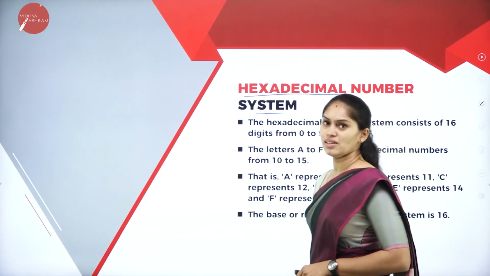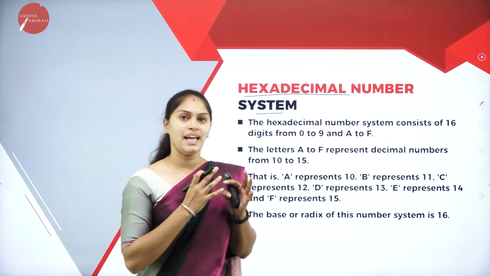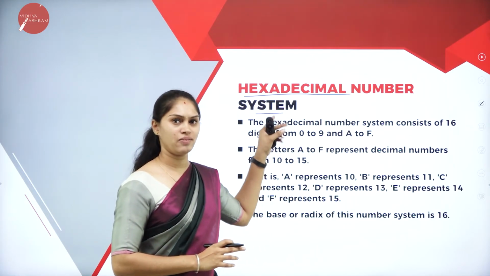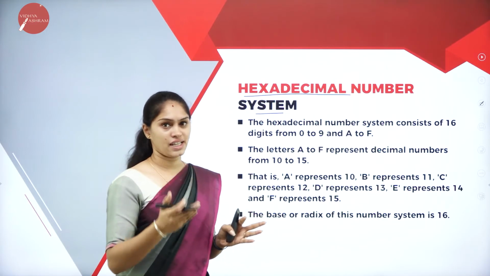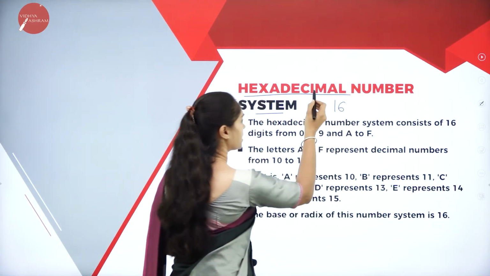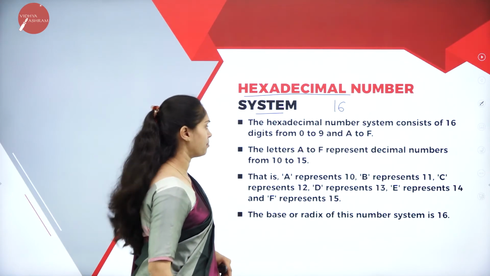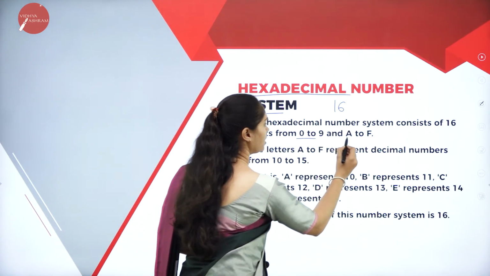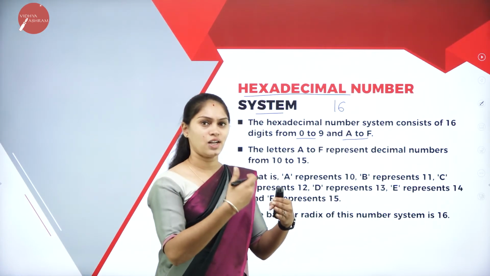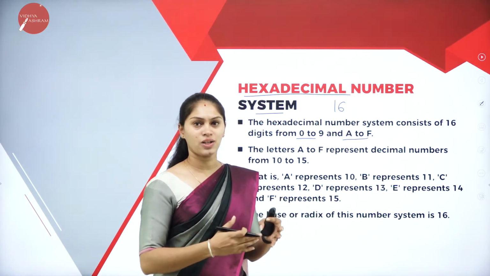So next we have the hexadecimal number system. In the hexadecimal number system, it will consist of 16 digits, that is from 0 to 9 and A to F. Here we cannot take values like 10, 11, 12.